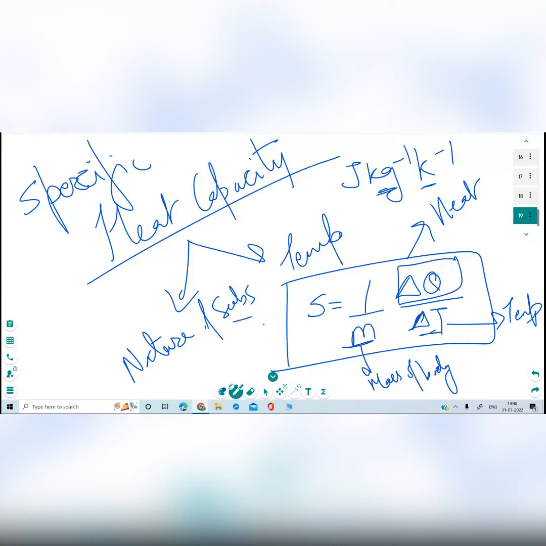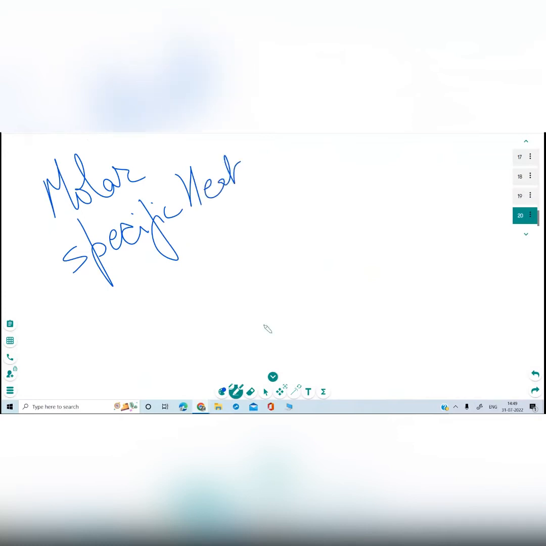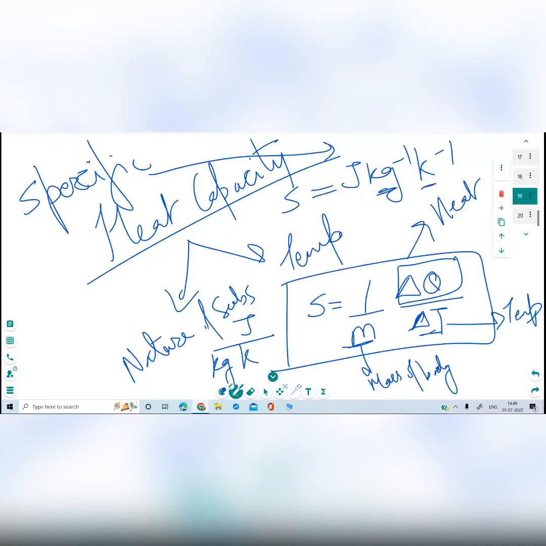So that is the unit for specific heat capacity, S. Now, moving on further from here, we will talk about molar specific heat capacity. The unit is joule per kg per Kelvin.